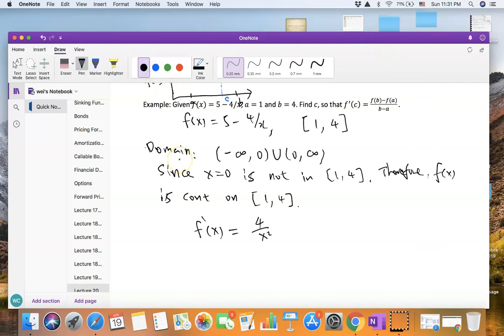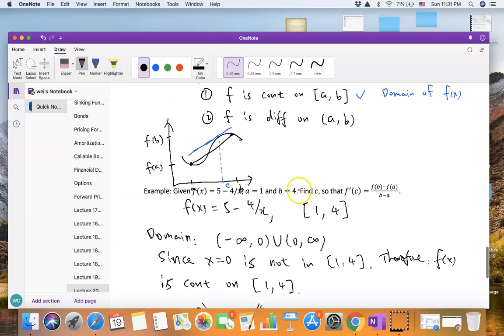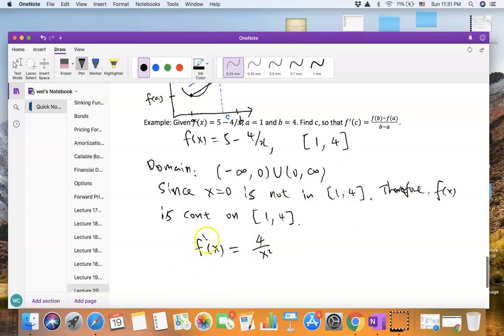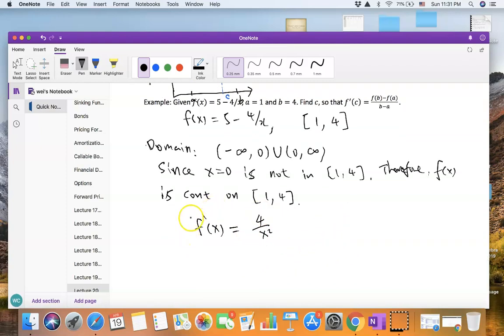Now, if the derivative exists on the interval from 1 to 4, that means this derivative function also exists on the interval from 1 to 4. So the answer to the question will still be the same.